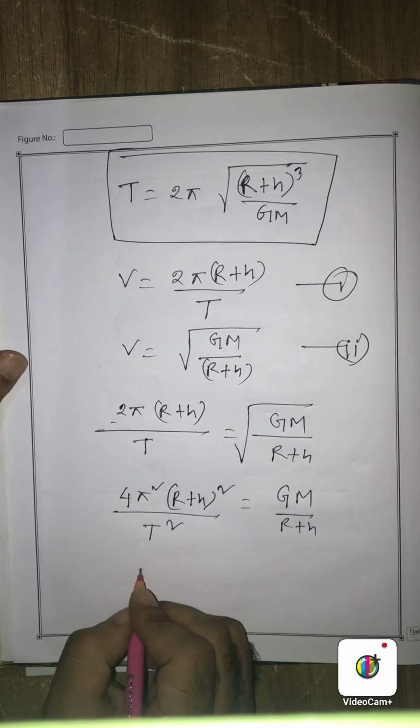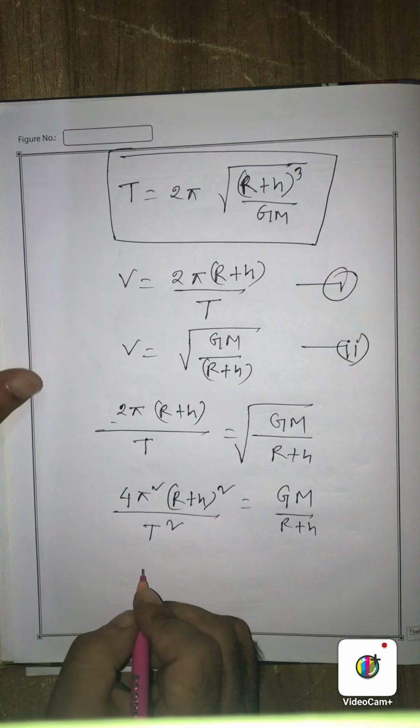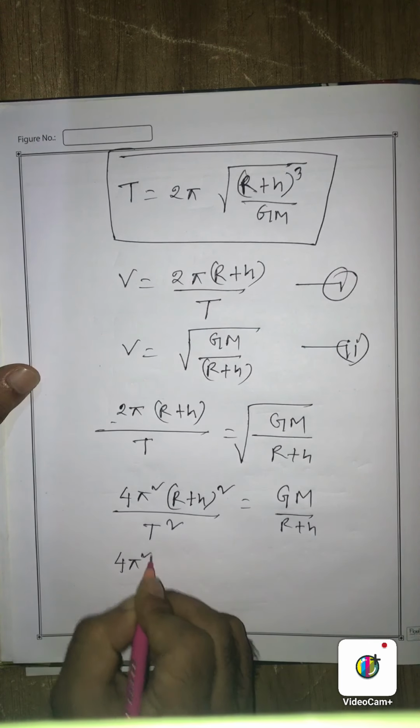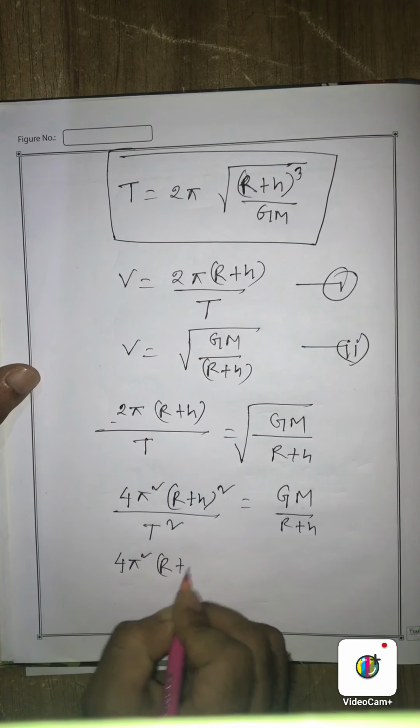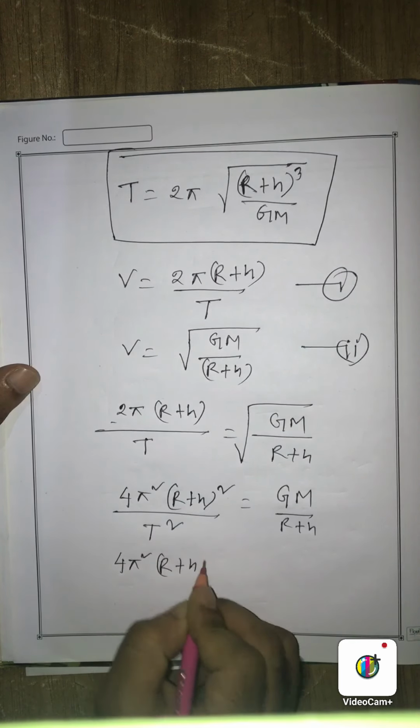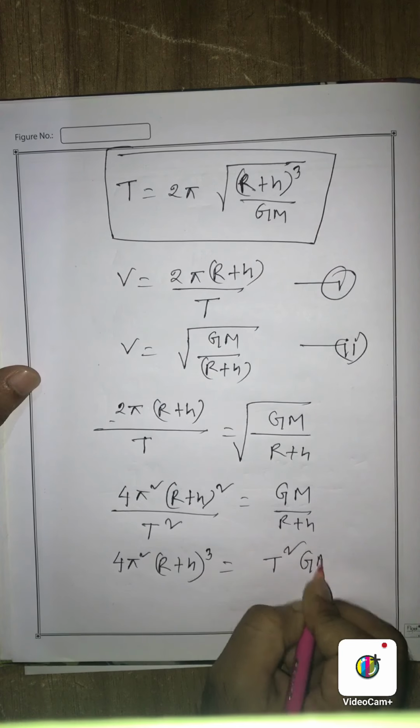Cross multiplication gives 4π squared (R plus H) whole cube equals T squared GM.